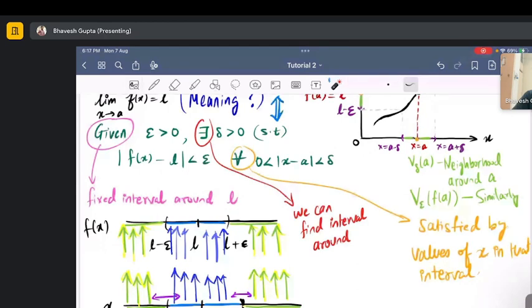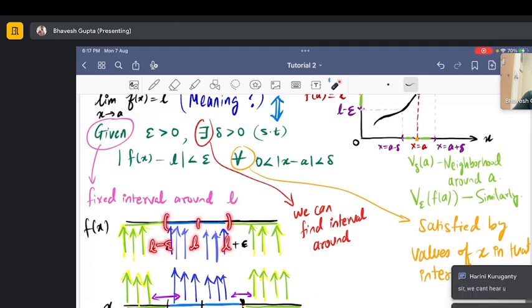So the picture which I have drawn here basically tells you how the mapping is happening. Over here I have drawn the x-axis, here I have drawn the y-axis. What I'm trying to say is that if you fix your interval around this limiting value, I can always find this interval.